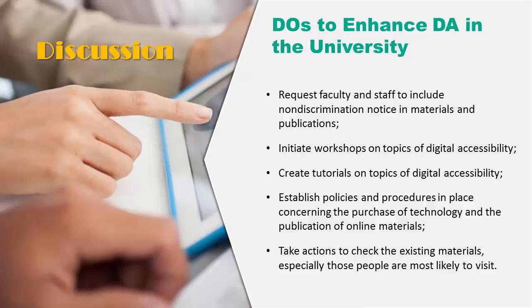And fourth, establish policies and procedures concerning the purchase of technology, as well as the publication of online materials and websites. Last, take actions to check the existing materials, especially those people are most likely to visit, like if it's a university website, the admission page, the academic page, and the degree program page, which people are most interested in.